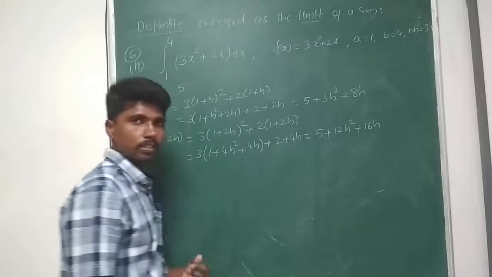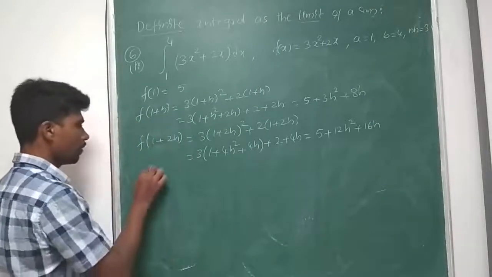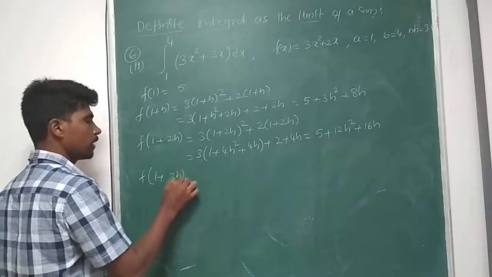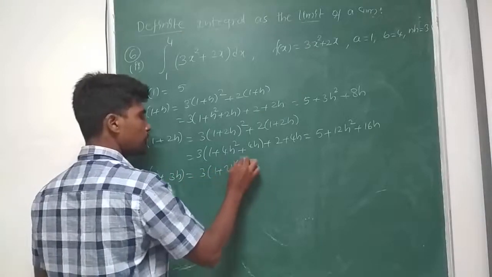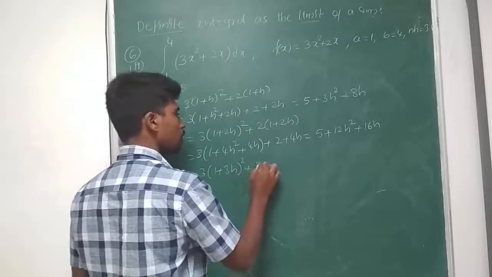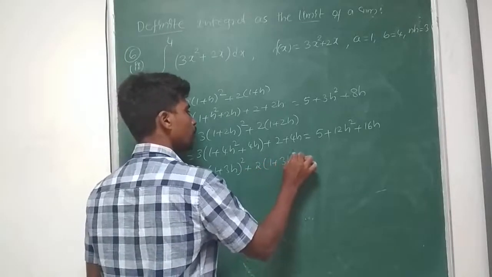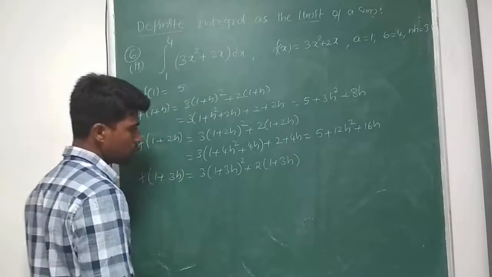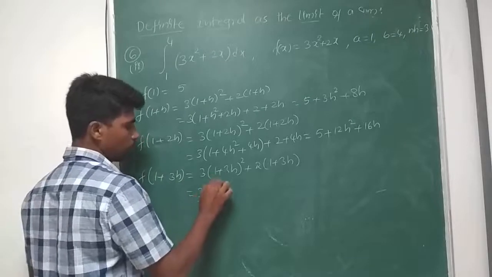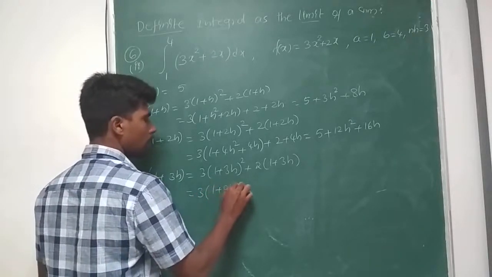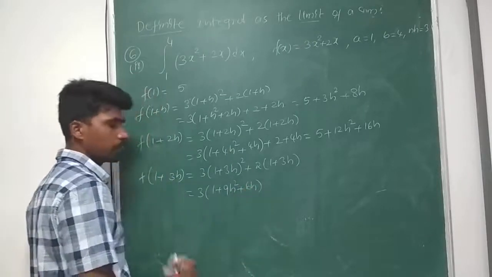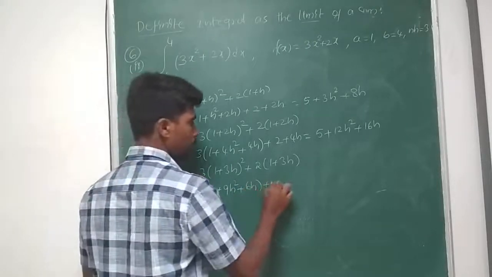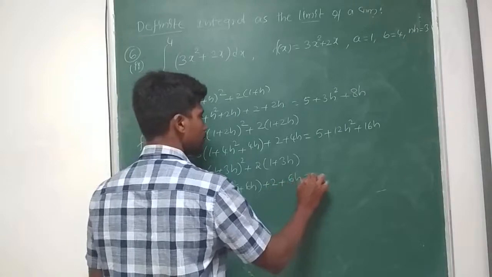h. Next f of 1 plus 3h, which is nothing but 3 into (1 plus 3h) the whole squared plus 2 into (1 plus 3h). Next 3 into (1 plus 9h squared plus 6h), using a plus b whole squared, a squared plus 2ab plus b squared, plus 2 plus 6h.